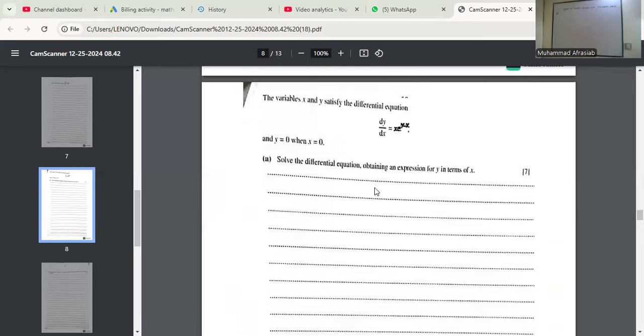Question number 7 now. The variables x and y satisfy this differential equation: dy by dx is equal to x into e power y minus x, where y is equal to 0 when x is equal to 0.